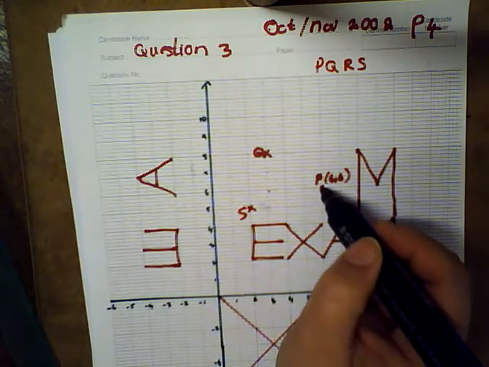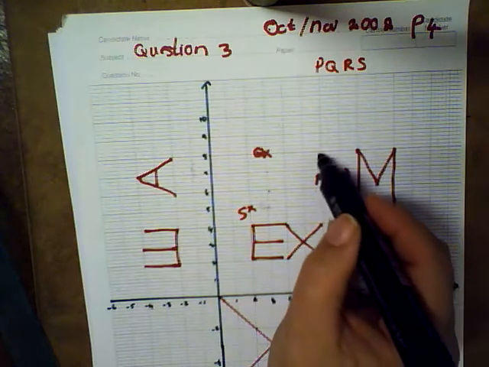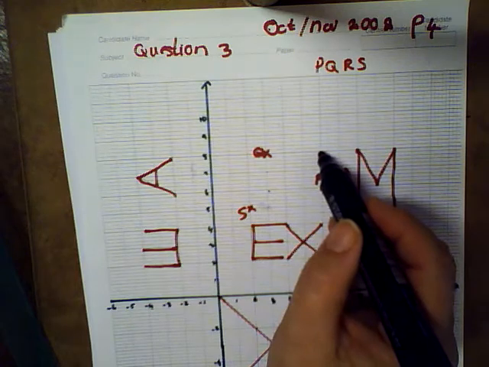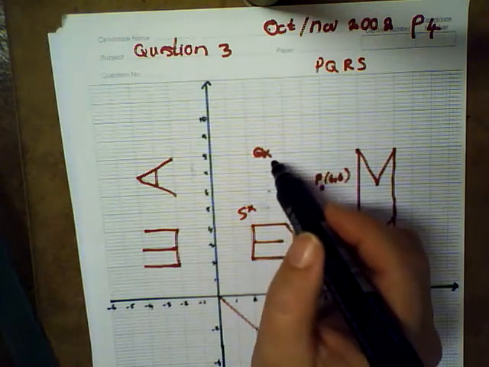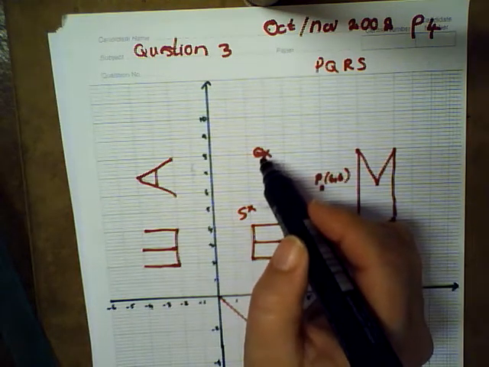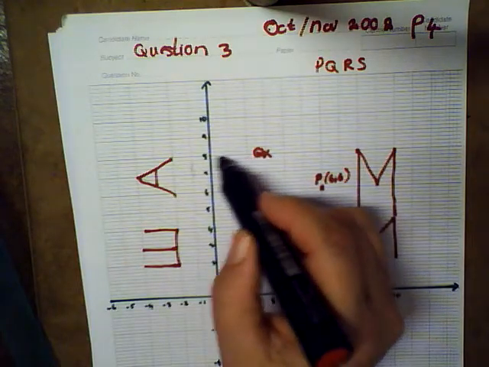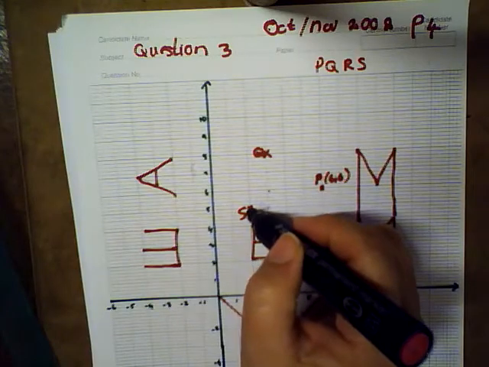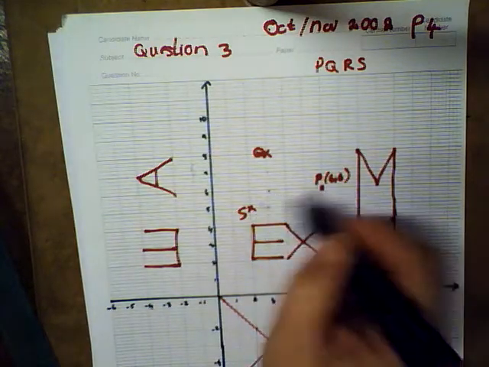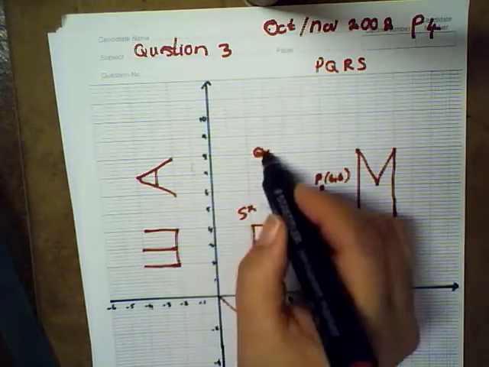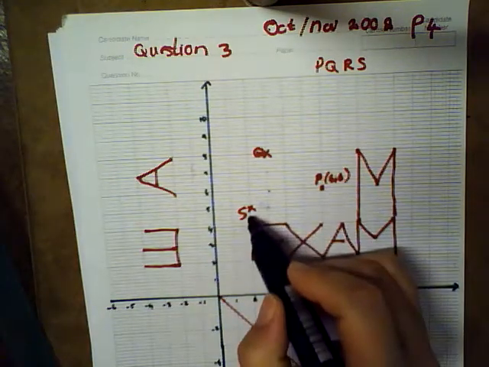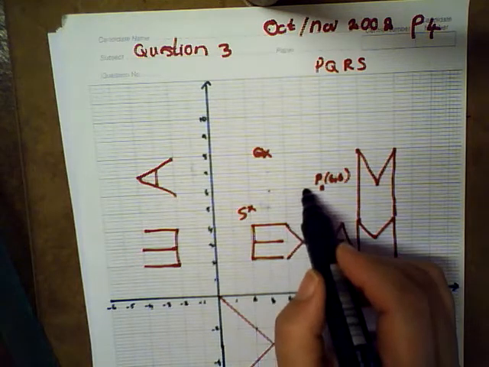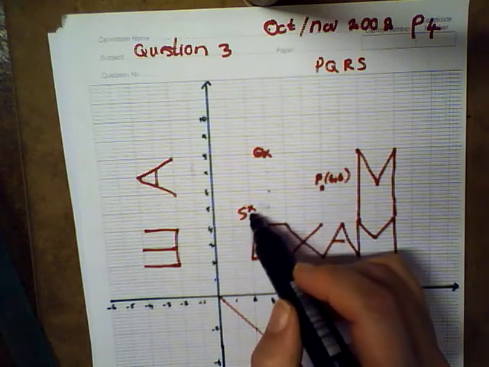We've moved 2 spaces in the y direction and 3 spaces in the -3 direction. From S, we need the same thing as that one.